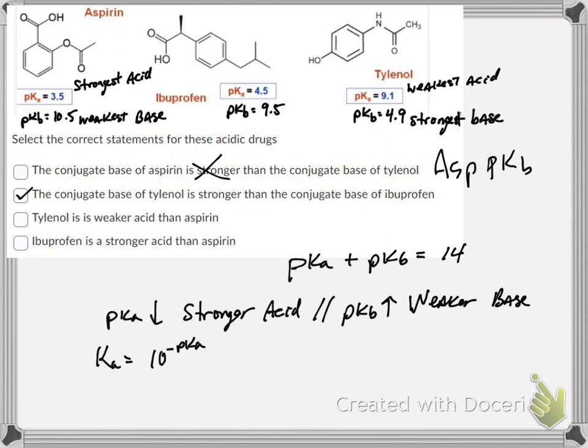Tylenol is a weaker acid than aspirin. Absolutely. Aspirin's the strongest. It has the lowest pKa. Ibuprofen is stronger than aspirin. That's wrong. So 2 answers are correct here. It's easy to get mixed up, so I really encourage you to write out all the pKa's and pKb's of the comparisons you're making.